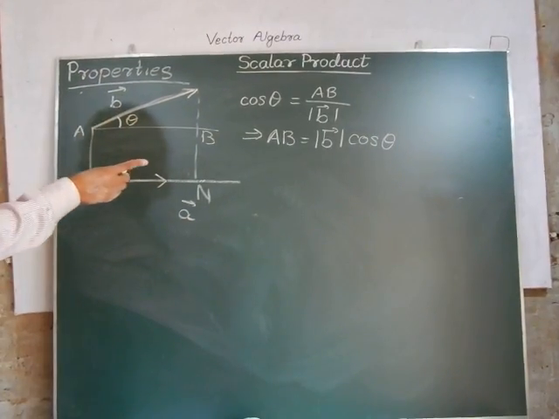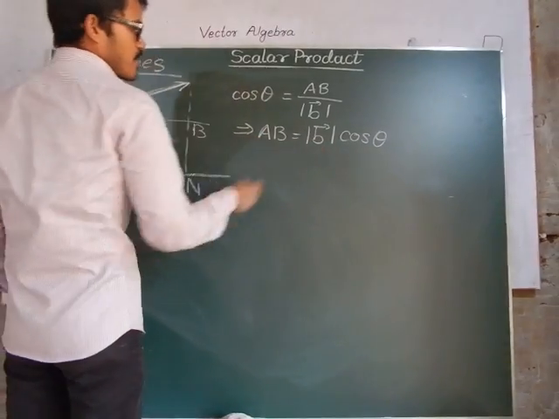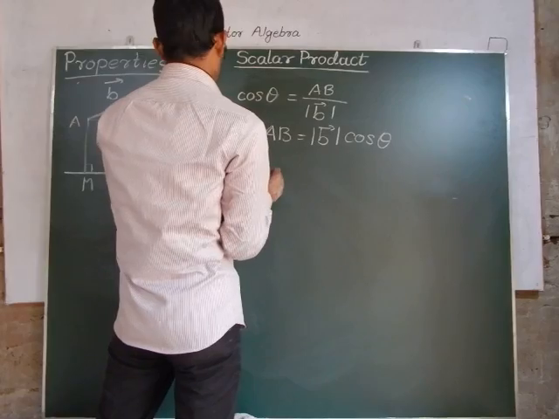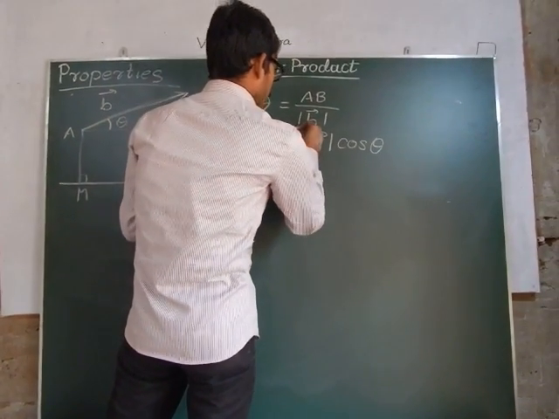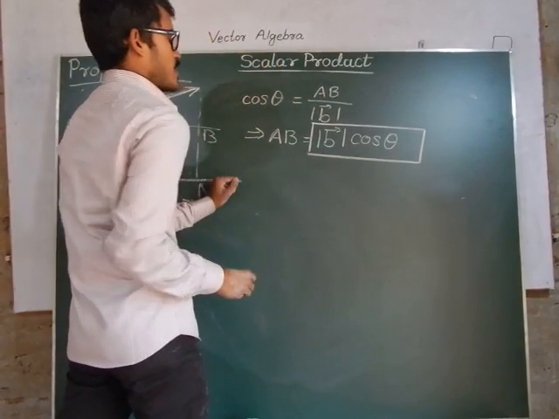Means from here we see the projection of vector B on vector A, that is AB, is equal to magnitude of B into cos theta.